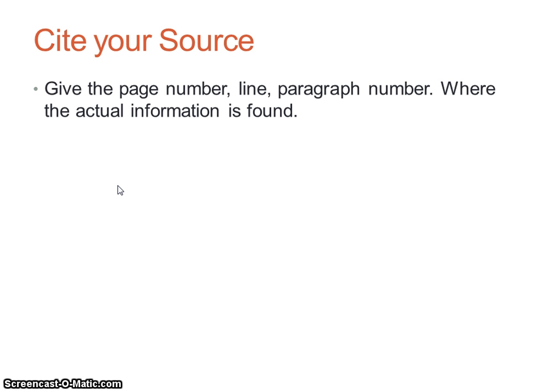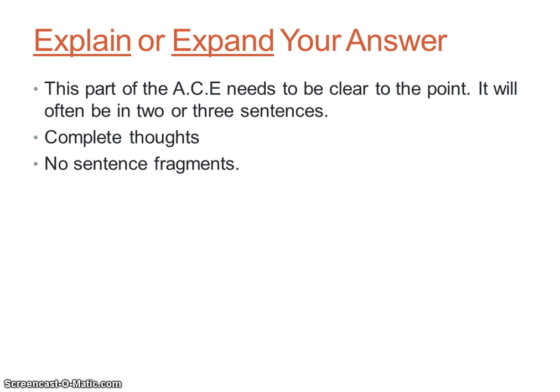The last thing. Now this could be the difficult part for some people, depending on what grade you're in and your writing ability. But explain or expand your answer. The E goes with either explain or expand. I've heard it both ways. Either way is fine. Those two words basically mean the same thing. This part of the ACE strategy needs to be clear and to the point.